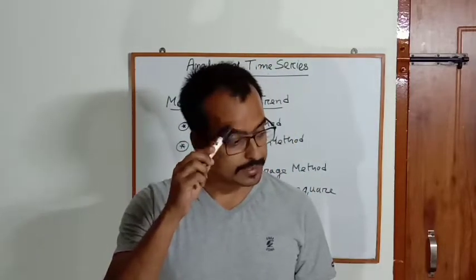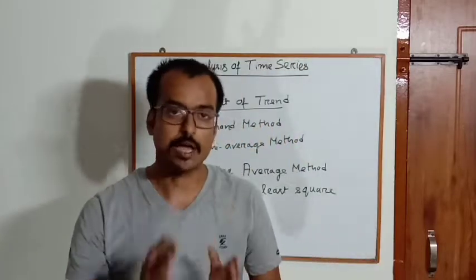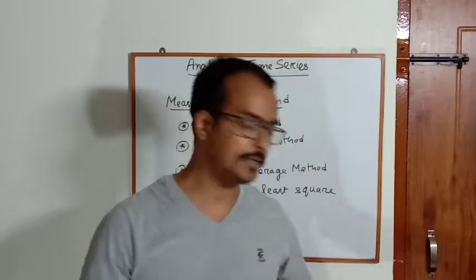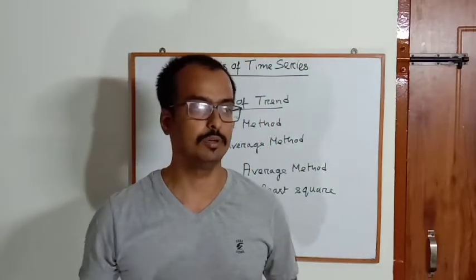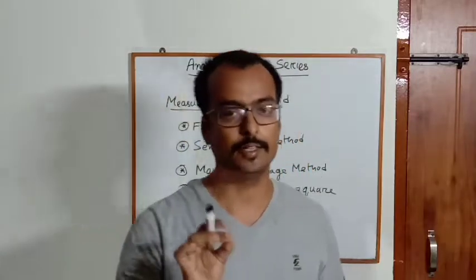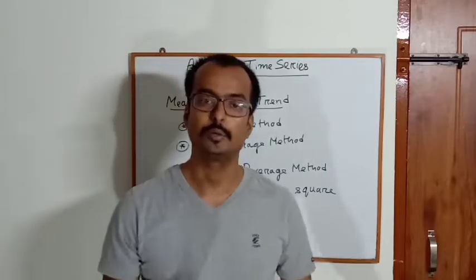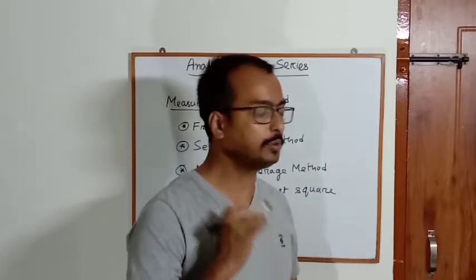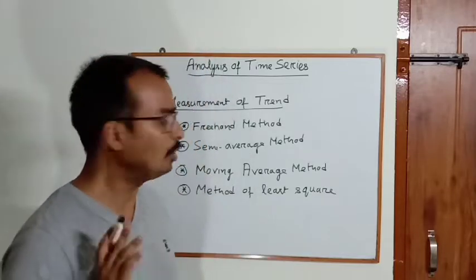So for that reason we have to go for time series, that is measurement of trend. In time series we will have to go for the measurement of trend, what kind of trend the data are showing, that we have to understand. And today our topic of discussion will be this.